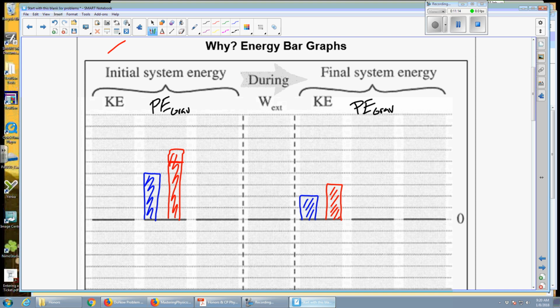M1 is at a different location, so it's going to have some potential energy, and it's at a higher location than it was before, so it has to have more. Let's see if I did it right. 1, 2, 3, 4 plus 6 is 10. And I add up 10 and 10, which means energy is conserved, which is kind of good because it has to be, right?